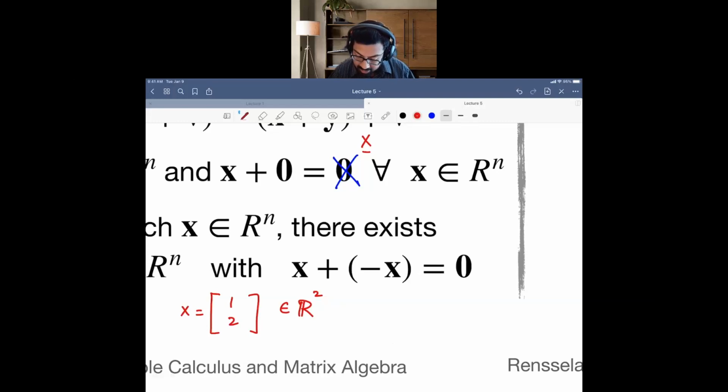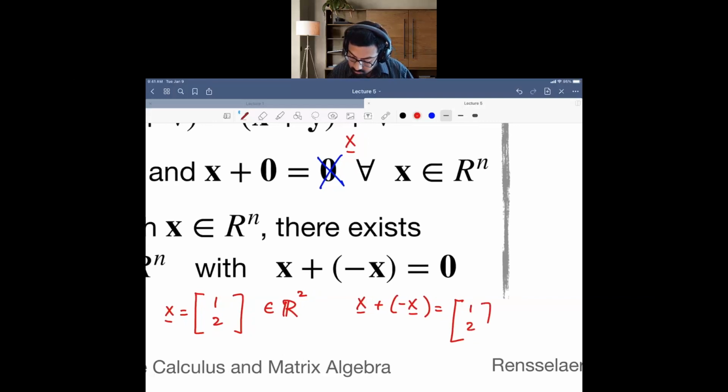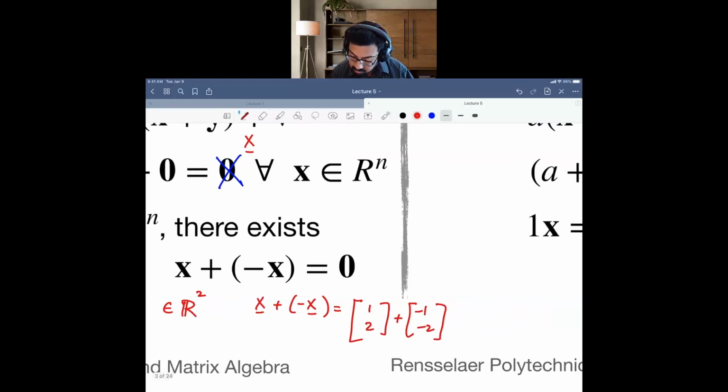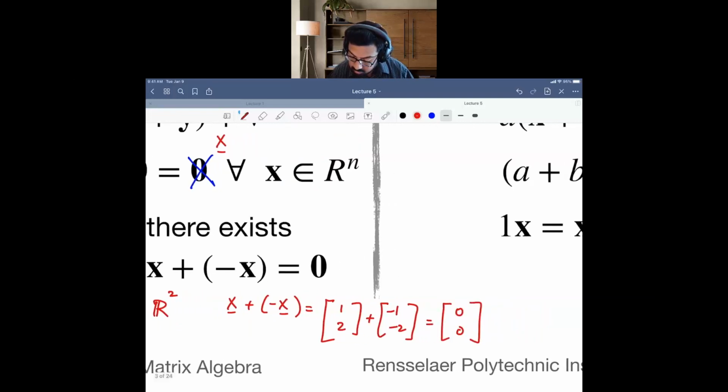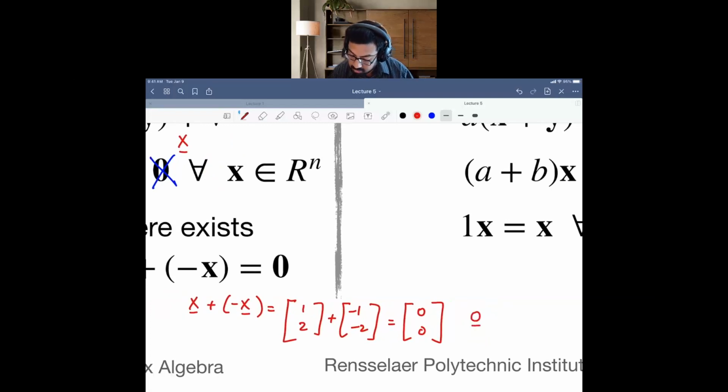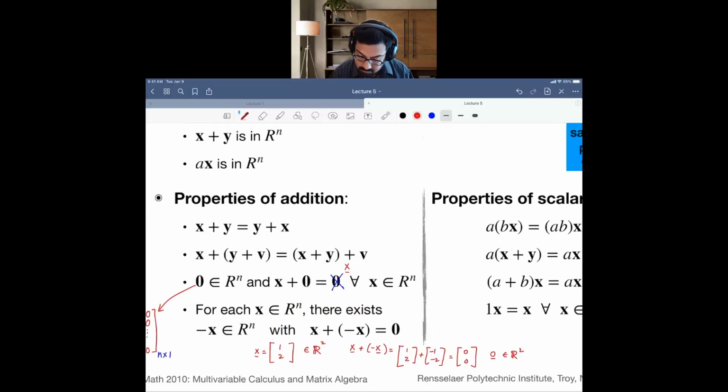So if you do x plus negative x, what are you going to get? Well, you're going to get 1 and 2 plus negative 1, negative 2, which equals 0, 0. This is a 0 vector that belongs to R squared again, right? So all of these are properties of addition over here.